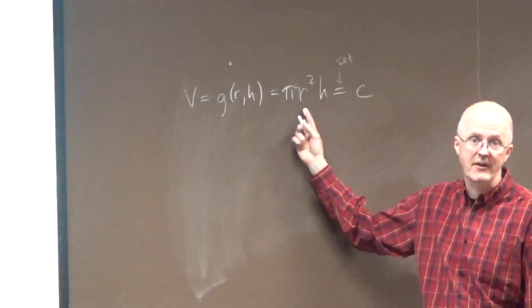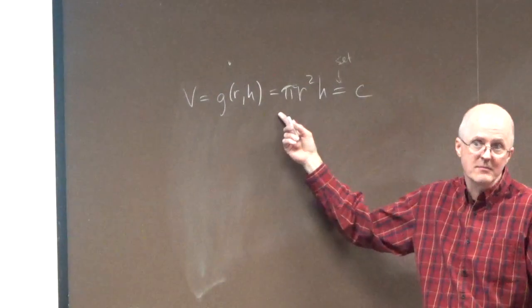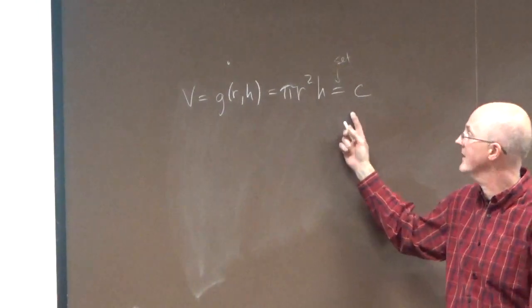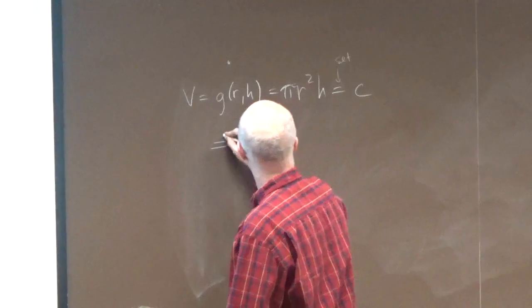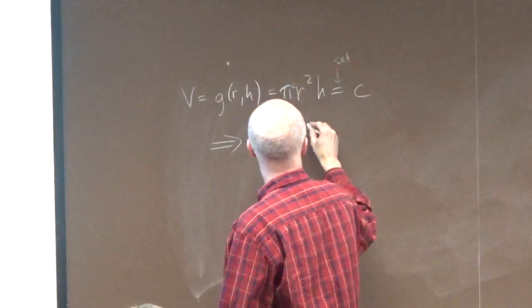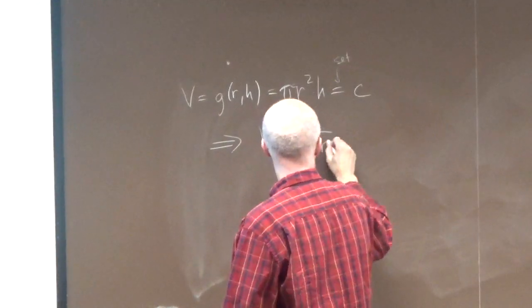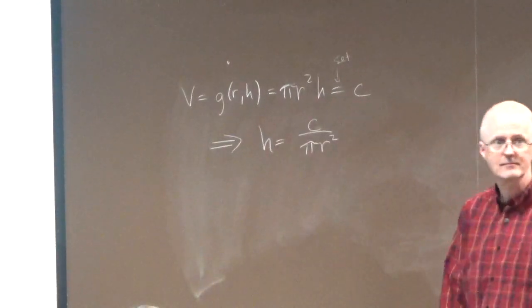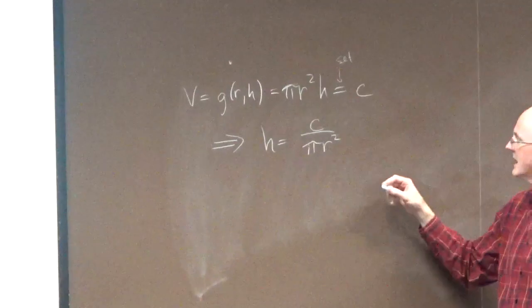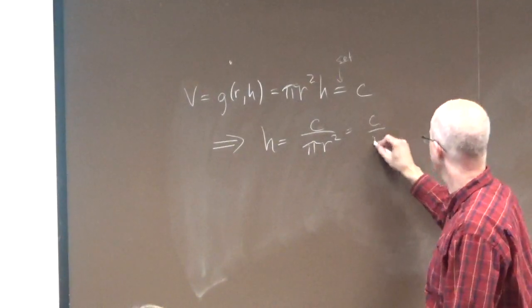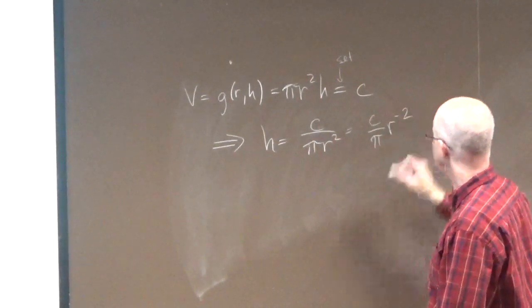As r and h vary, typically you get different numbers for the volume. But I'm setting that equal to a constant, and in that situation, I can solve for h as a function of r by dividing both sides by pi r squared. You can leave it like this, or you could write it like this if you prefer. Either way is okay.